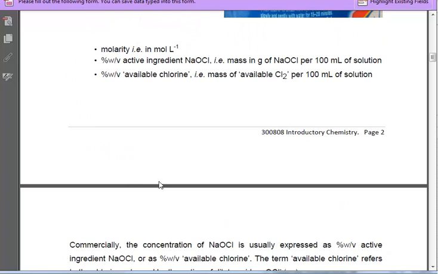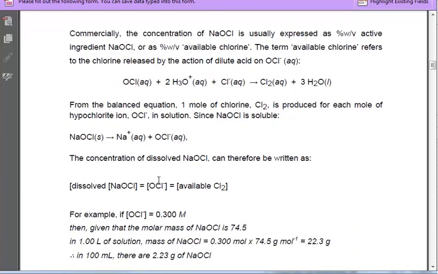Now, the active ingredient in bleach is OCl-, and what happens is that when you add it in an acid solution to water which contains chloride, it produces chlorine, which is what bleaches things. This is the active ingredient, the chlorine that's released.